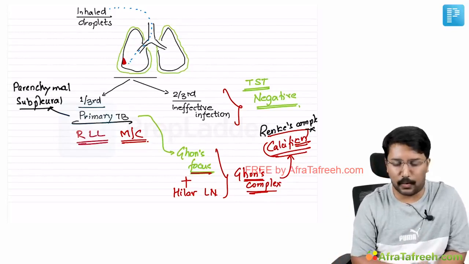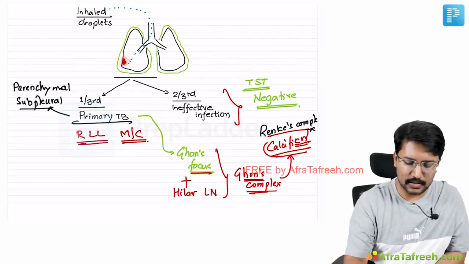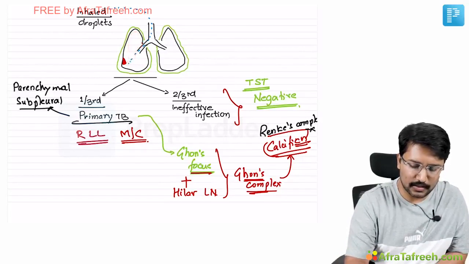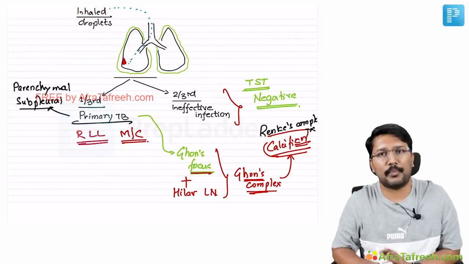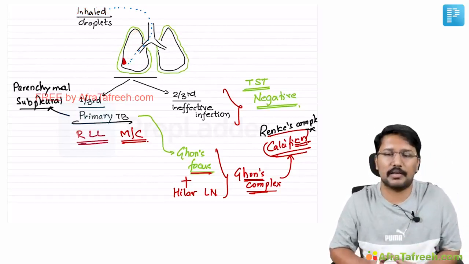Right? Clear? Okay. Now some patients from the primary Ghon's focus might develop a little bit of dissemination, like how it disseminated to lymph nodes. It can also disseminate to the right apex. As I've already told you, it is a parenchymal infection, so right apex parenchyma is affected.